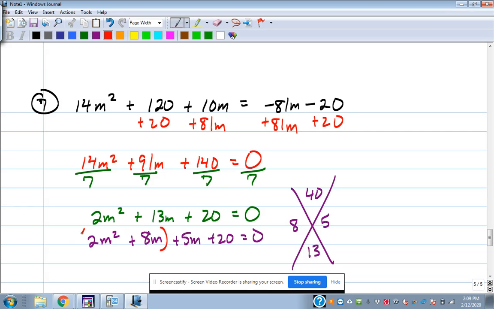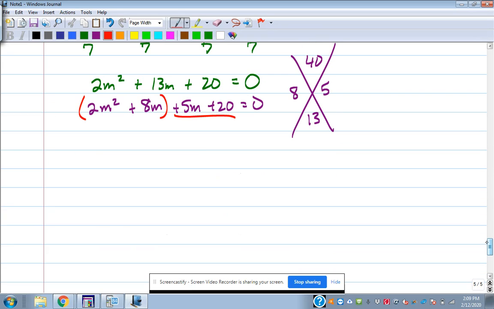Group them up. 2m times m plus 4, plus 5 times m plus 4. The factored form, you got the m plus 4 and the 2m plus 5.